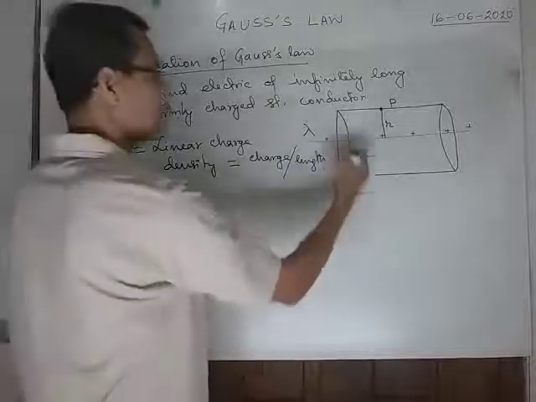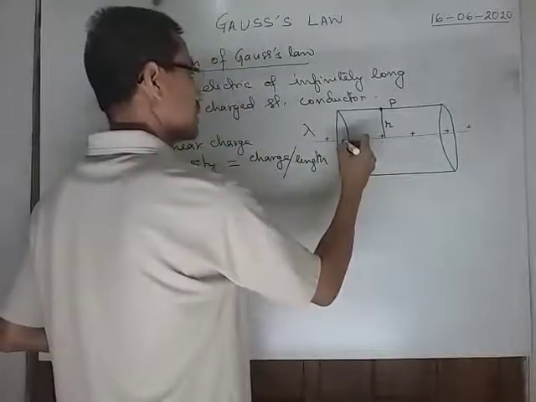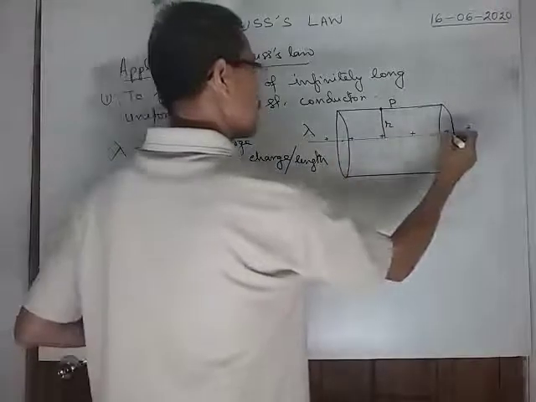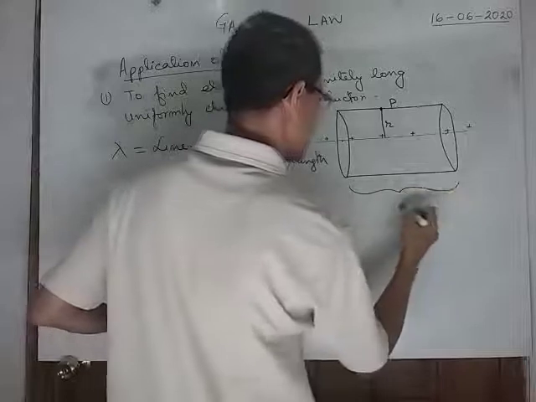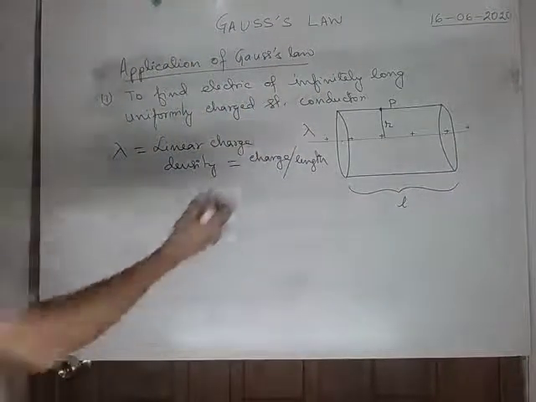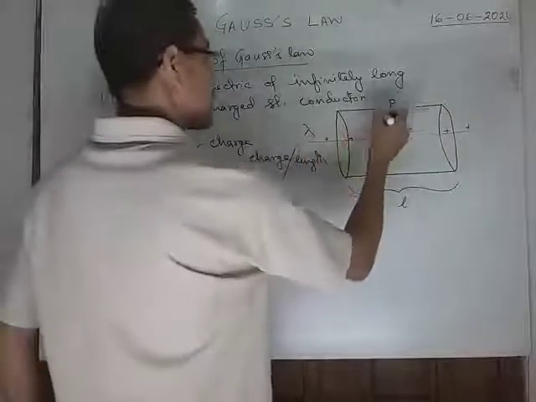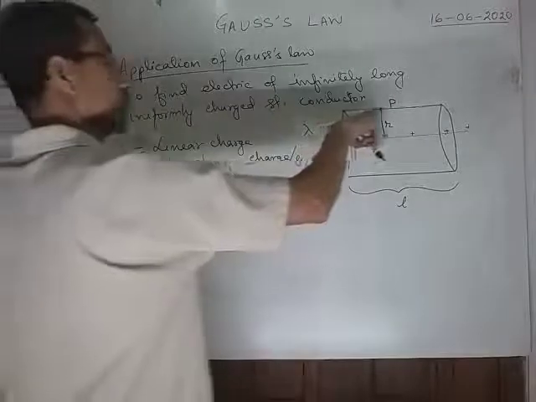This Gaussian cylinder has its axis like this, and the length of the cylinder is taken as L. Now let's try to find out the electric field E over here.